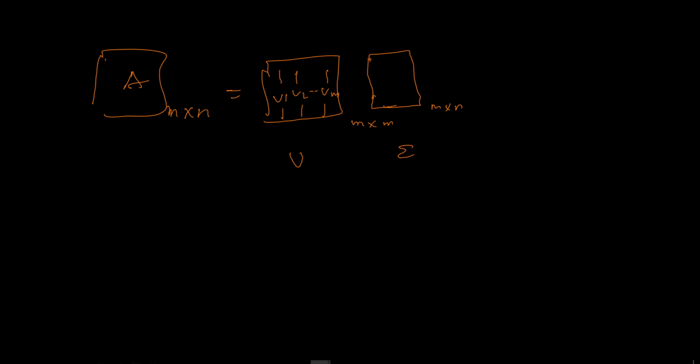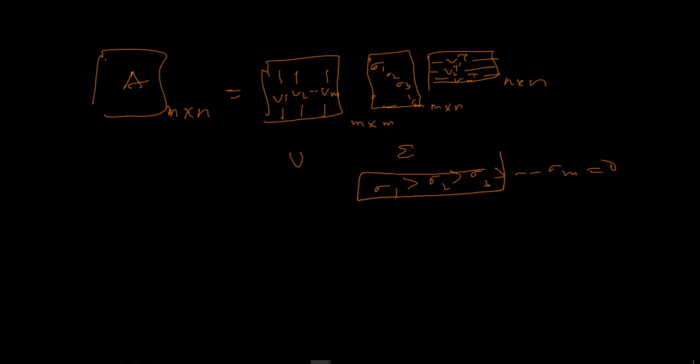Always sigma 1 is greater than sigma 2, in decreasing order of sigma. Only a few are positive values, the rest we can neglect and nullify. How beautiful, how the diagonal concept converts this rectangular matrix into diagonal form, and this helps in the calculation.